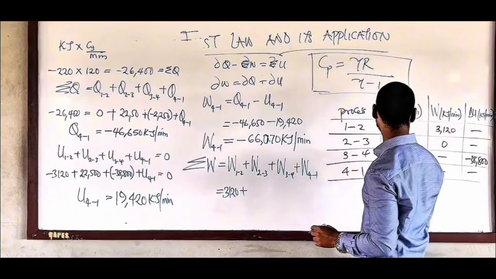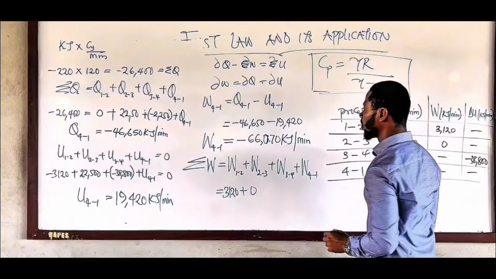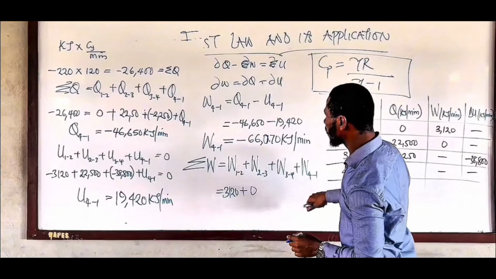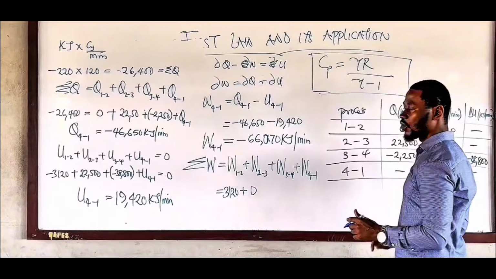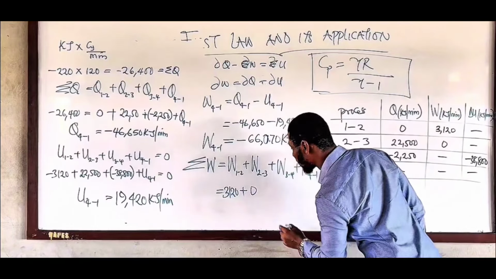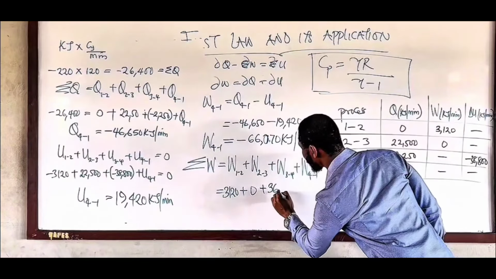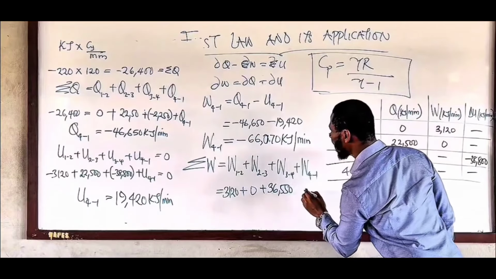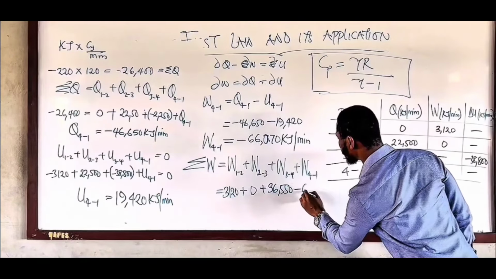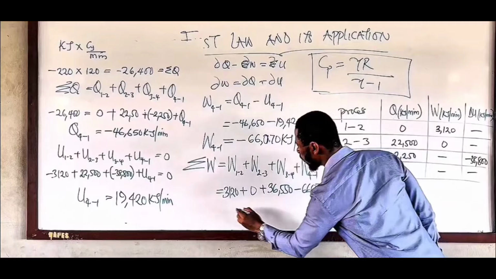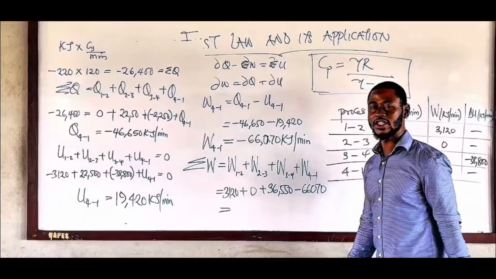W2 to 3 is given as 0. 3 to 4 is calculated to be 36,550. And the last value is minus 66,070.